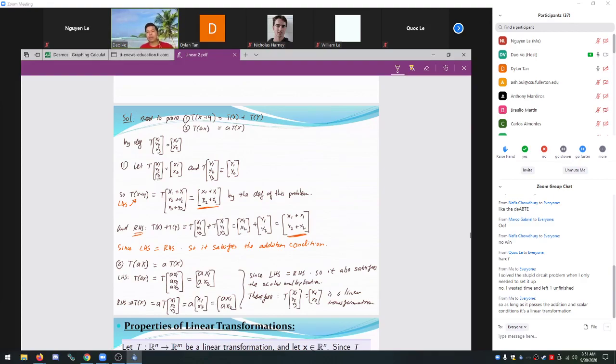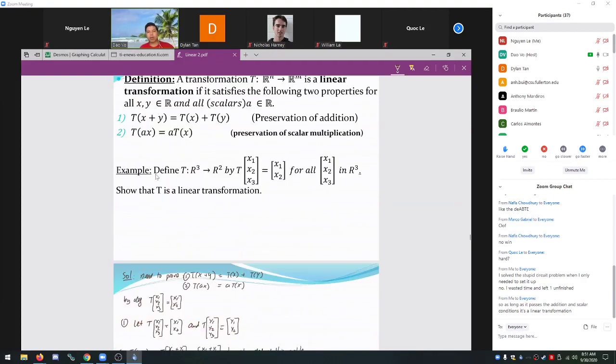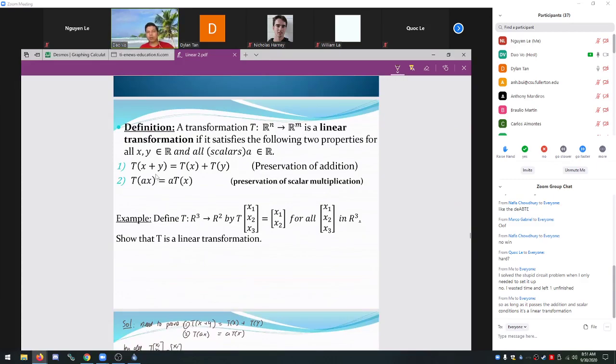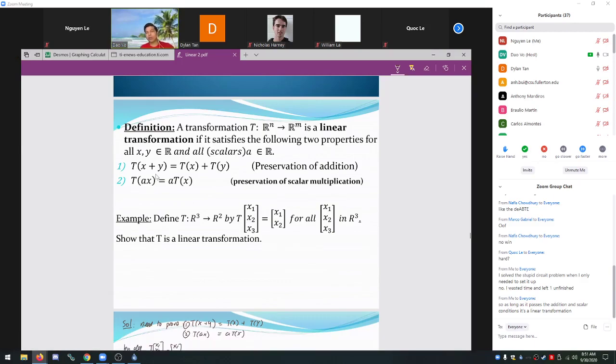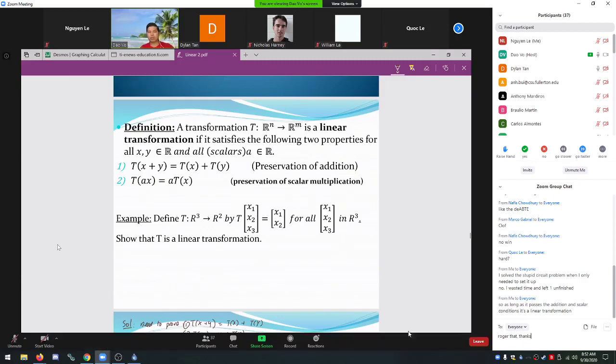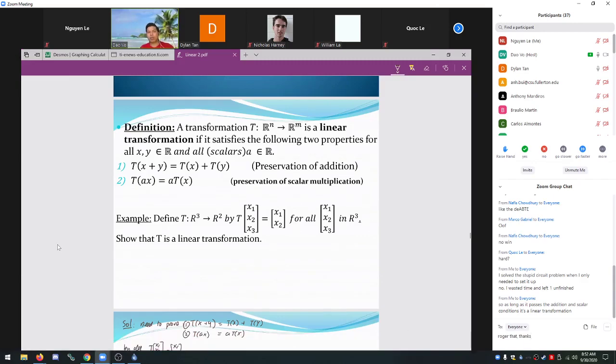According to the definition, all we do is based on that definition. Just like if you want to show something is a linear function, you better show that it has a slope, and the power of that is 1. And when you plot it, it should be a straight line. So this one, same deal. Since we can't really plot all the dots in 3 dimensions, to be a linear transformation, it needs to satisfy those two conditions.